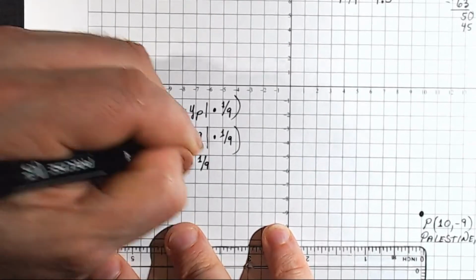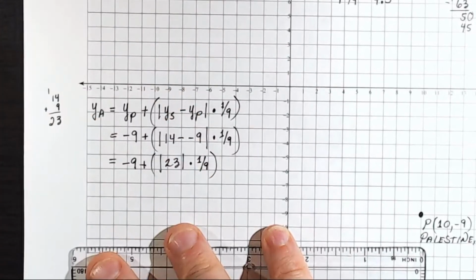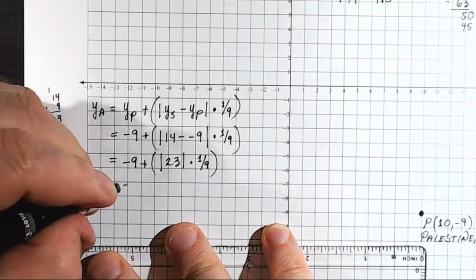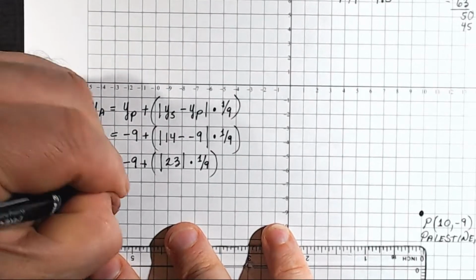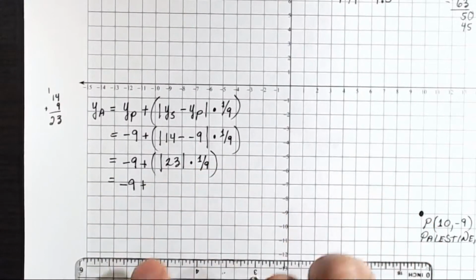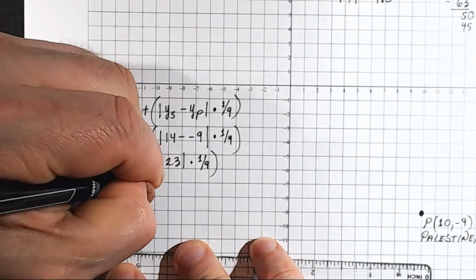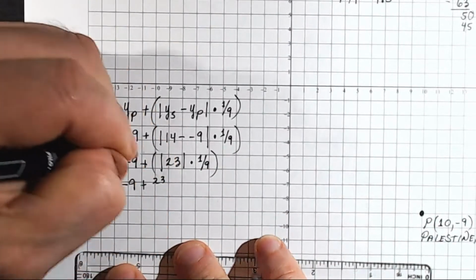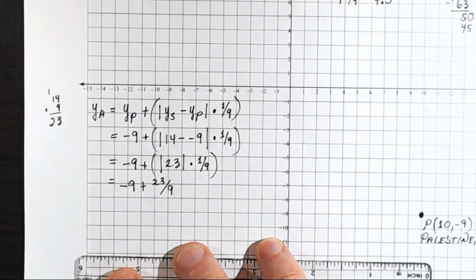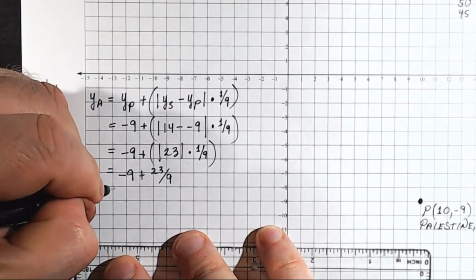And remember, the absolute value of a positive number is just that number, so the absolute value of 23 is 23. So we can say equals -9 plus 23 times 1 is 23, and 1 times 9 is 9, so 23/9.